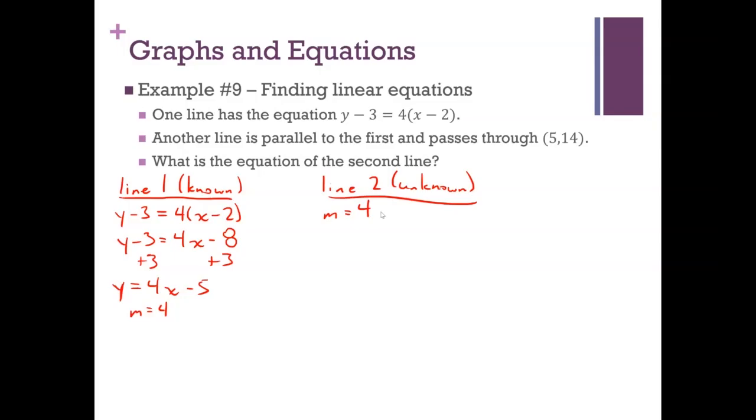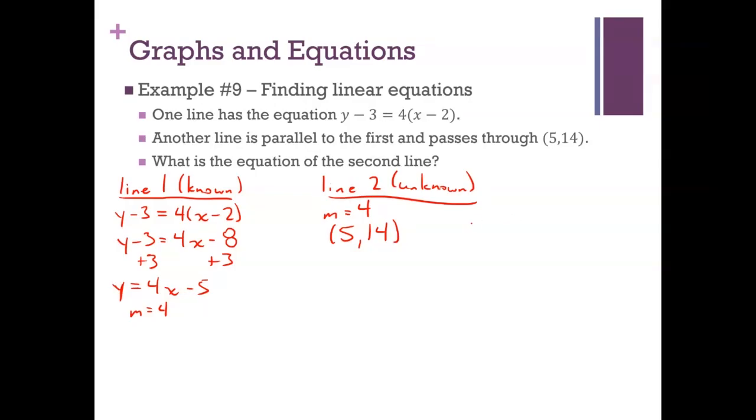Do we know anything else about line 2? It contains a specific point. It contains (5, 14). Does that give me enough information to figure out what the equation of the line is?